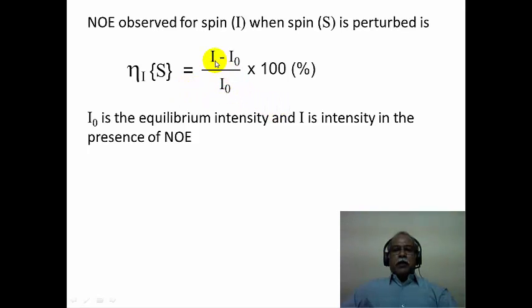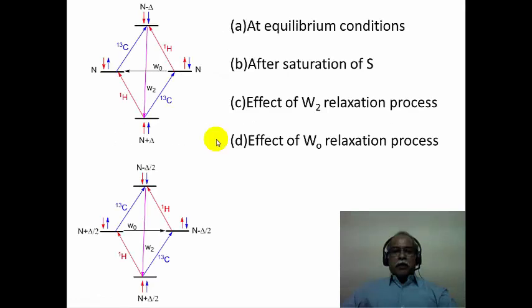Now, this corresponds to I minus I0, where I is the intensity of the signal in the presence of the NOE effect and I0 is the intensity of the signal without the NOE effect, divided by I0 times 100, which gives the percentage of the nuclear Overhauser enhancement. I0 is the equilibrium intensity, which is normally measured without the double irradiation, and I is the intensity in the presence of NOE, which is measured in the presence of a double irradiation experiment.